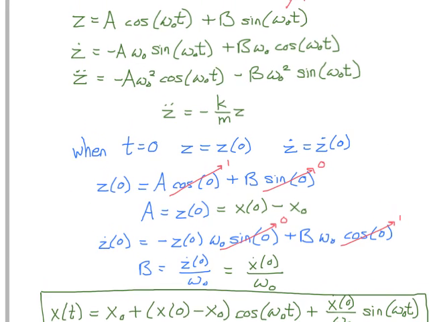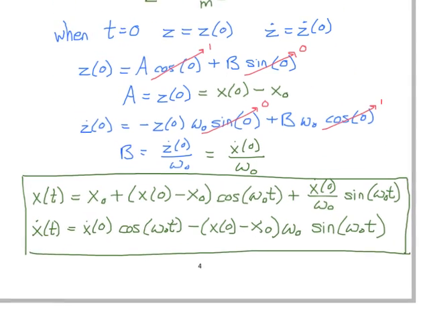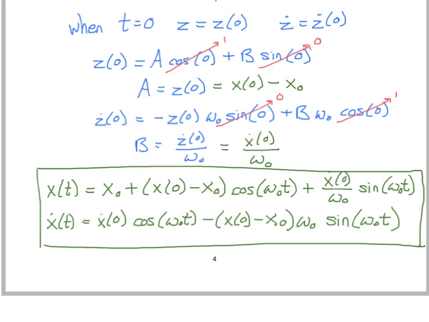And so we substitute all of this into our equations, and we get the final solution for our state as seen here, in which we have a function for our position that's based on the resting length of the spring and the initial position, and also the initial speed of the system, and also incorporates the natural frequency.